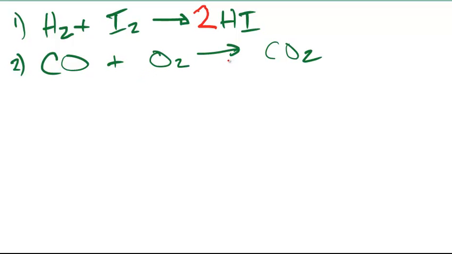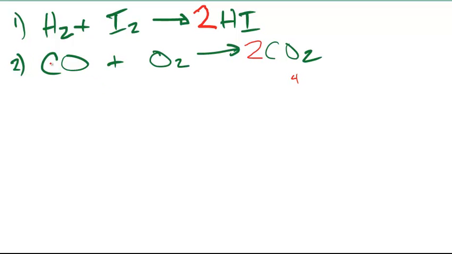But here's one solution. You have 3 oxygens on the left, 2 oxygens on the right. There's no way around it. You're going to have to put a coefficient in front of the carbon dioxide in order to boost the oxygen count. So let's start with a 2. Now we have 4 oxygens on the right and 3 on the left.